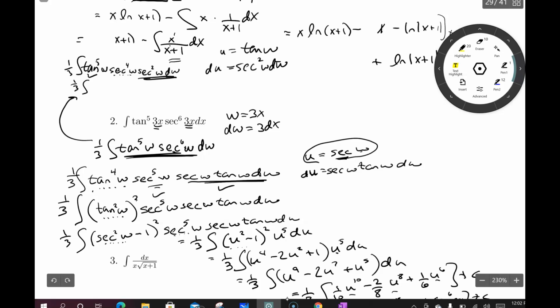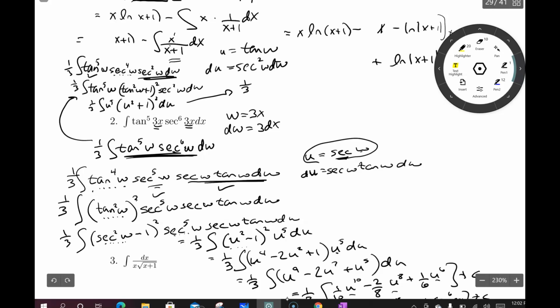So 1/3 tangent to the 5th of w. So I would rewrite secant to the 4th as secant squared squared, and secant squared is tangent squared w plus 1. All right, so now let's do the u's. So I get u to the 5th, u squared plus 1 squared, and then du. So it's going to look wildly different, correct?